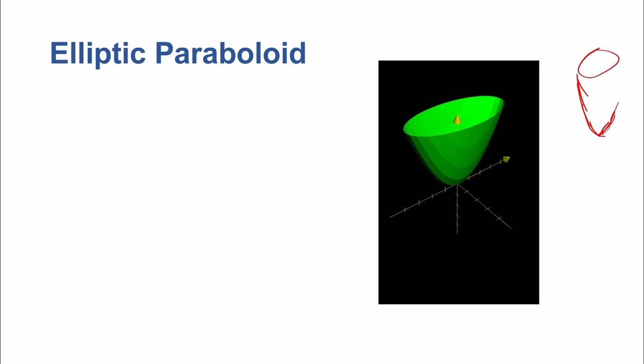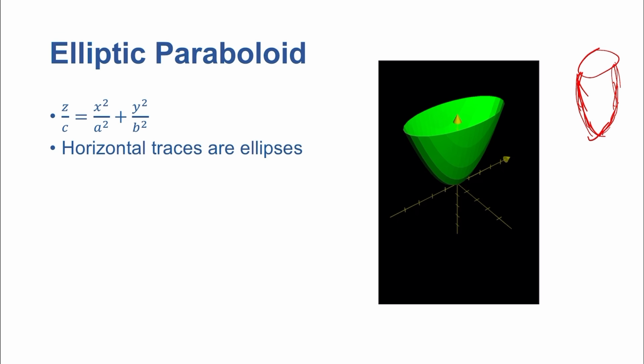But nonetheless, it would still be an elliptic paraboloid, maybe just a circular paraboloid as the degenerate case. The equation for the elliptic paraboloid is z over c equals x squared over a squared plus y squared over b squared. If we take horizontal cross sections, then we will get ellipses. If we take a vertical trace, we will get a parabola.